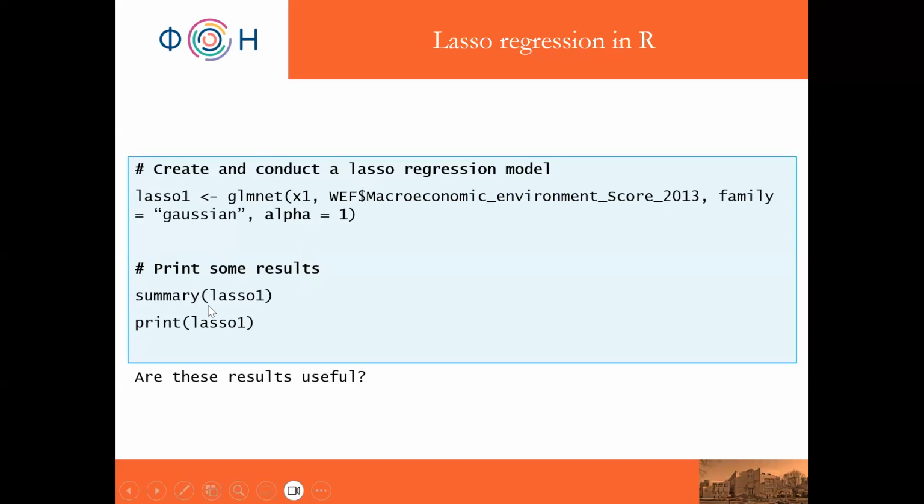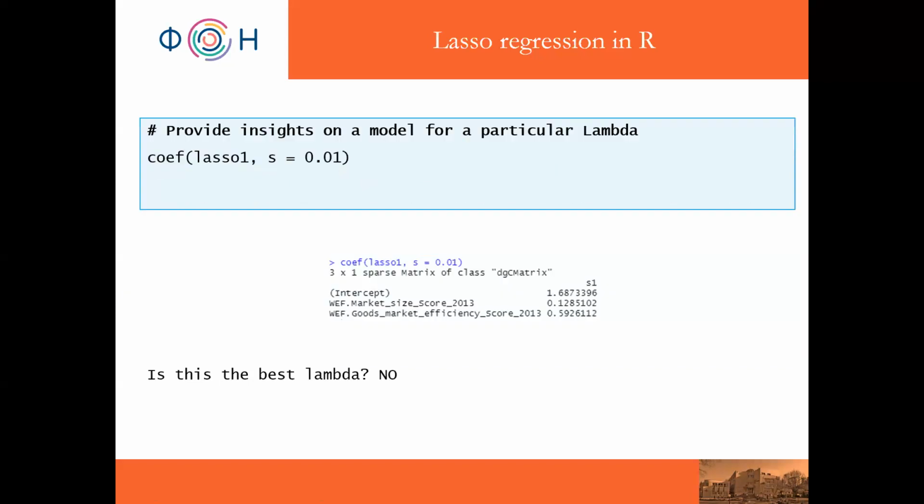As we saw, the functions summary and print are not that useful for us. We can play a little bit, as we saw. We can try different values of our lambda. Here we took lambda to be 0.01. It could have been 0.05 or whichever value we are interested in.